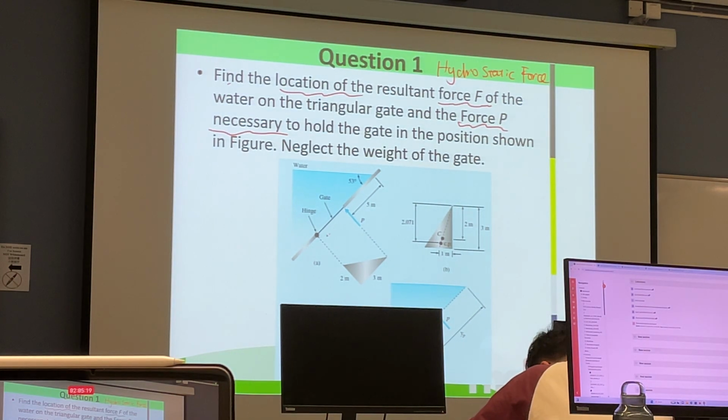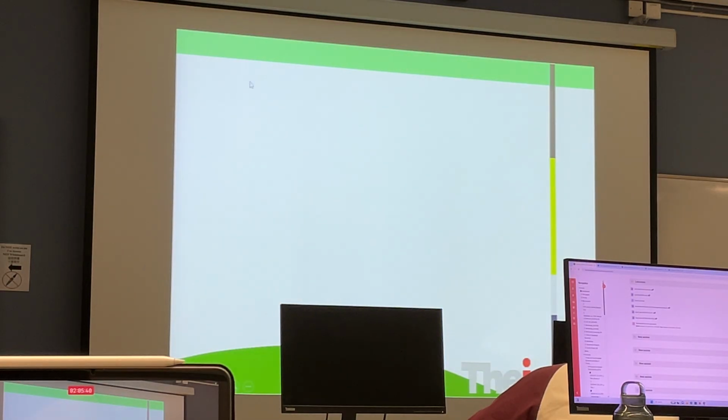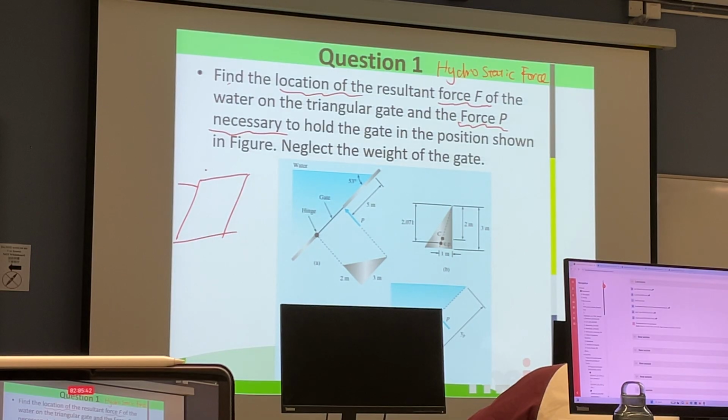Here is supposed to be a water tank. It's an inclined wall, and then there is a triangular gate here. The water is kept on the left-hand side, right? And there is a triangular gate.